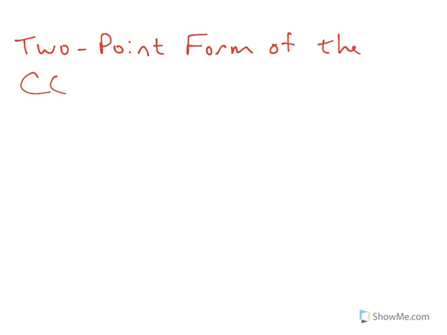Before we do that, it's important to define that the Clausius-Clapeyron equation, or CC for short, can be written in what we call the two-point form. I'm not going to go through the derivation, but we can set up two Clausius-Clapeyron equations for two different temperatures and two different vapor pressures.